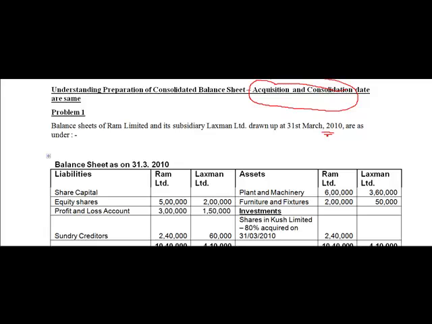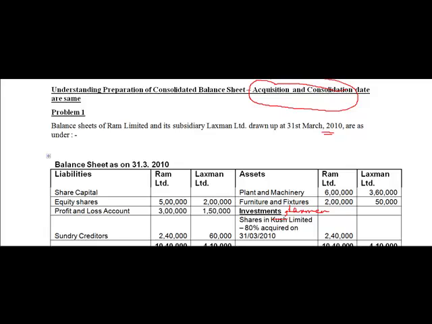There's a slight bit of an error here. This is Lakshman Limited. Then on the credit side, I have my equity share capital, profit and loss, and sundry creditors. So basically, I am holding 80% shares in Kush Limited, and therefore it is a subsidiary for me.